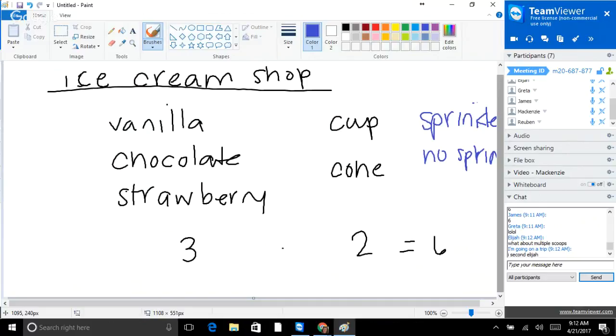I'm marking up the page. So if we added in the choice of getting sprinkles, then we add another 2 choices in, and we would have 12 combinations, right? Elijah says, what about multiple scoops? Well, I don't know. Do you count that as another combination of flavors that you can get?